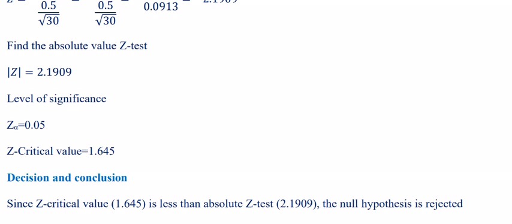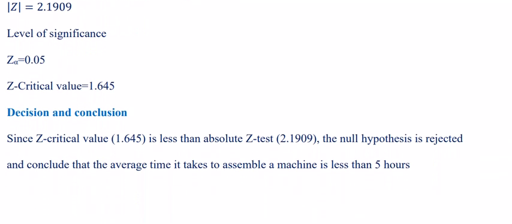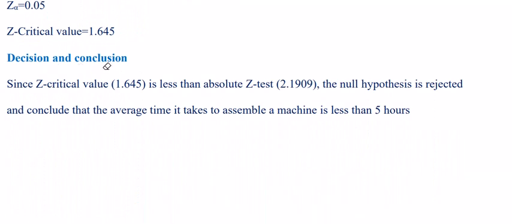Now, we are going to make our decision and conclusion. Since the Z critical value, which is 1.645, is less than the absolute Z test, the null hypothesis is rejected, and we conclude that the average time it takes to assemble a machine is less than 5 hours.